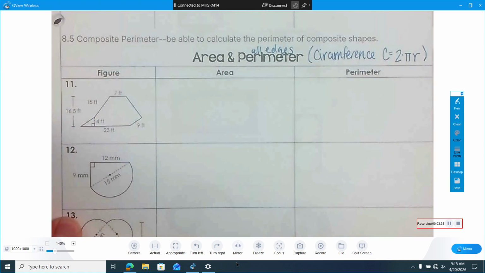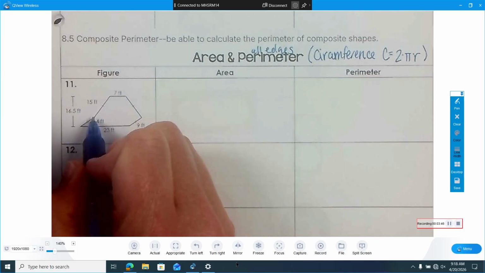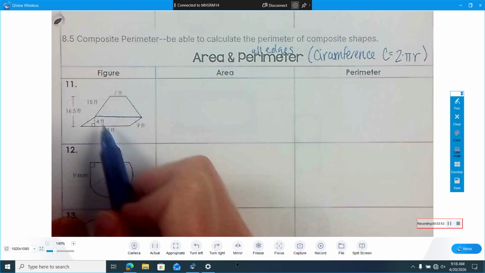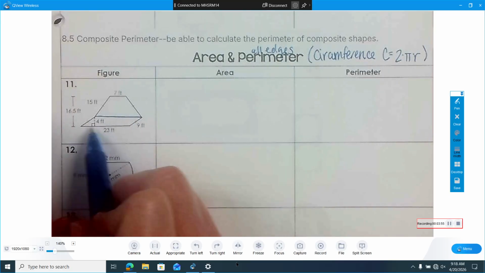What shapes do you see here in this little figure? Trapezoid? I do see a trapezoid right up top here. Imagine connecting that corner to corner. Then I see a trapezoid, and then what's this weird slanty shape at the bottom?